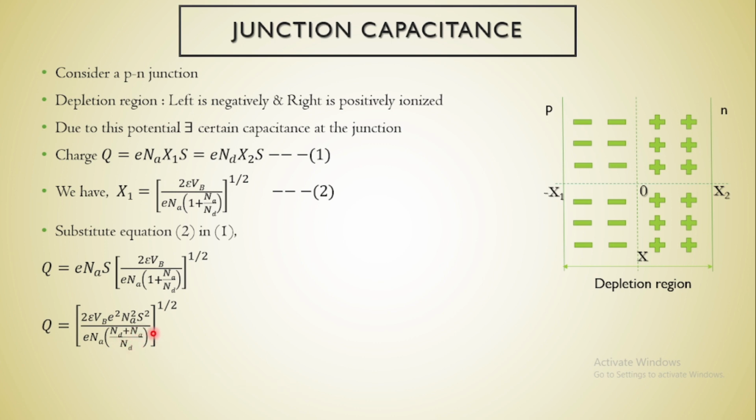And if we look at this, we observe that one e will get cancelled with the denominator and one Na will also get cancelled. And this Nd in the denominator can be brought to the numerator, and by doing this we obtain Q is equals to 2 epsilon Vb e into Na into Nd S square as it is divided by Nd plus Na raised to 1 by 2. And this gives the charge. Let us call this equation number 3.